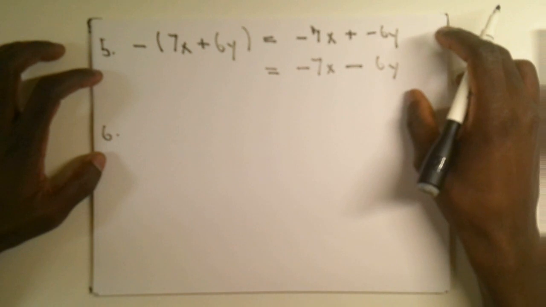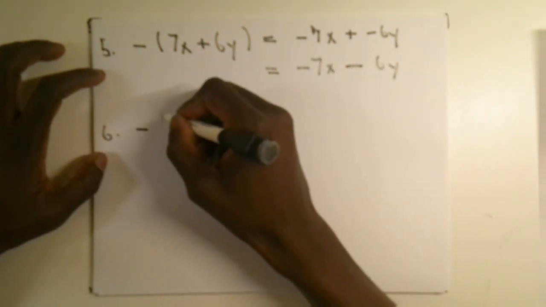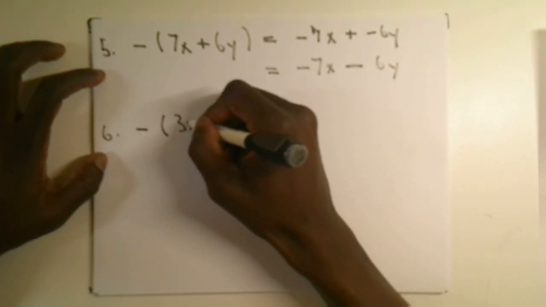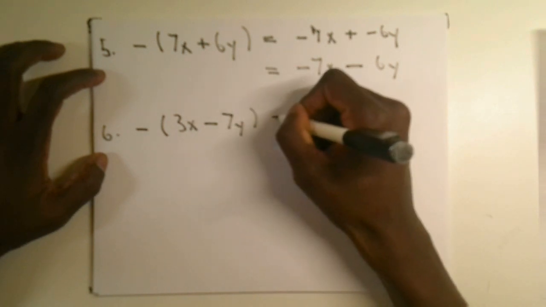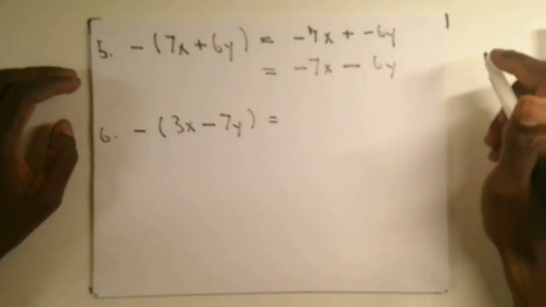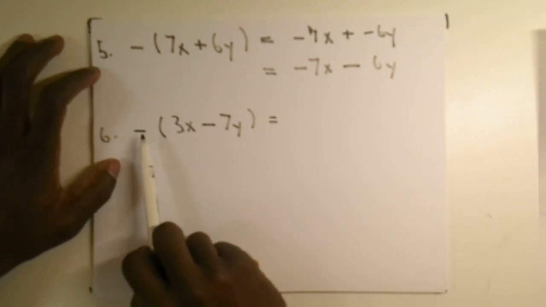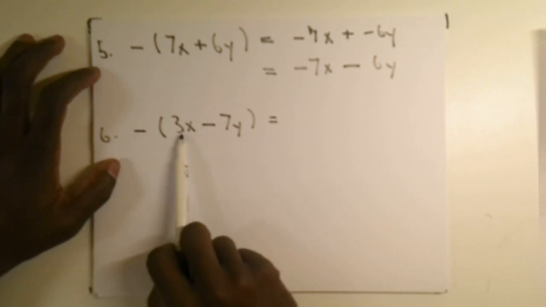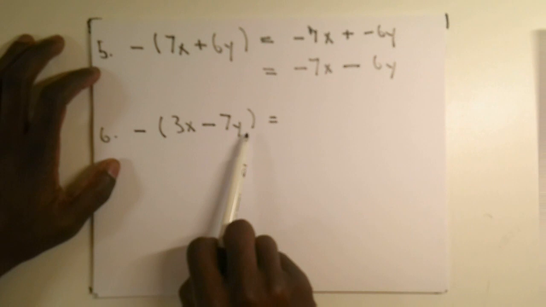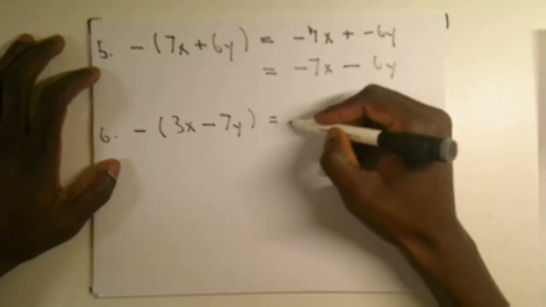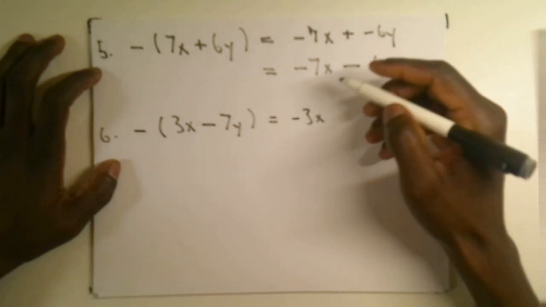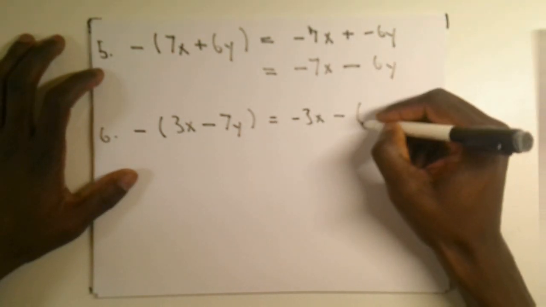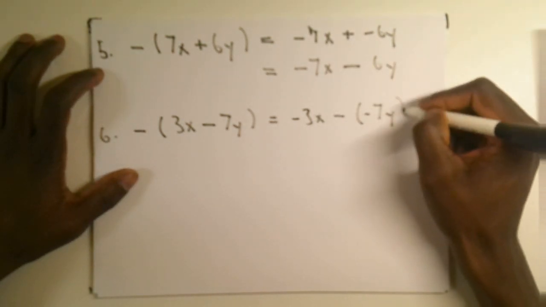And then number 6, we have negative of 3x minus 7y. It's very important. I think this is the best example because we say negative of 3x minus 7y, which equals negative 3x minus negative 7y.